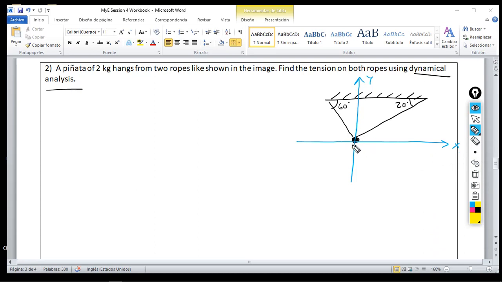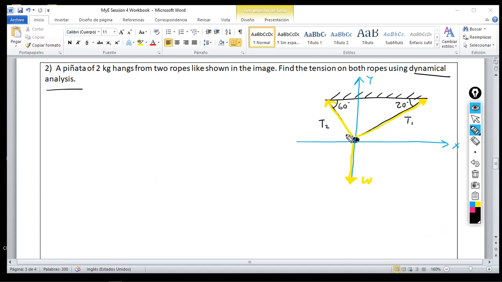First, its weight. You have its own weight pulling the particle downwards. And then you have the forces that are applied by the two ropes, right? This is one of the forces, and this is the other force. And I'm gonna call these forces T1, tension 1, and T2, tension number 2.